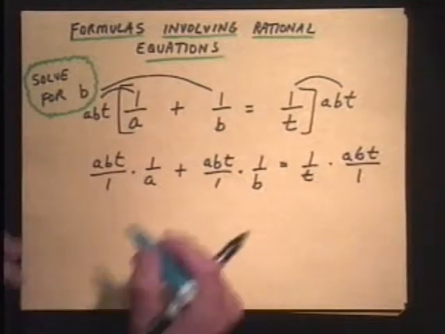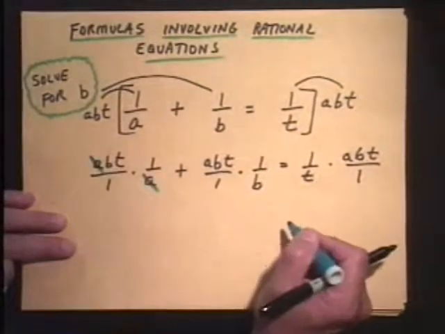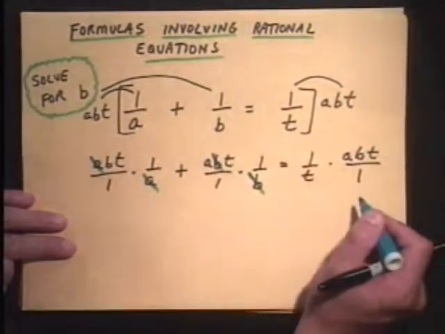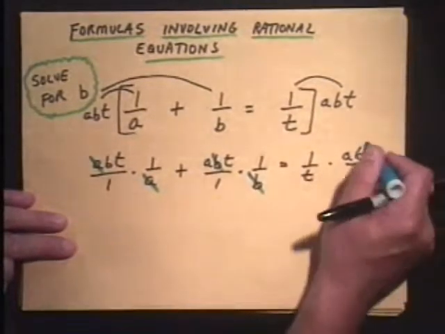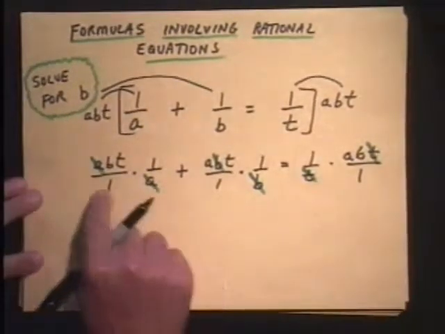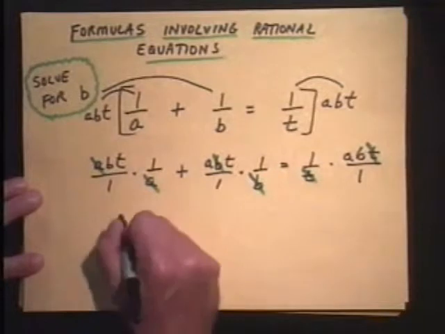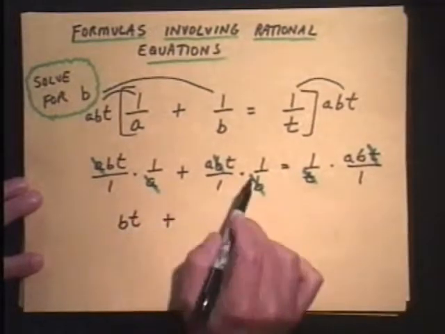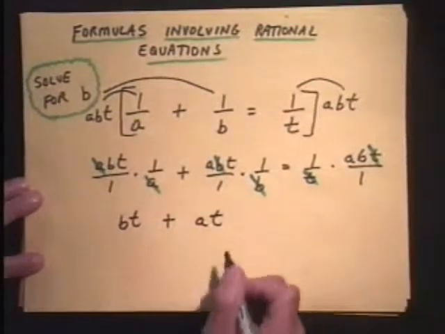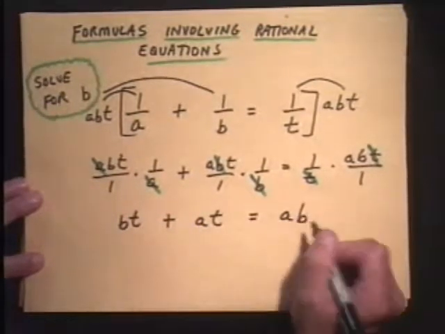So I'll take some pretty blues, and these two, we'll chop the a's. In these 2 fractions, we'll chop the b's. And in these 2 equal to, we'll chop the t's to get rid of those fractions. So what are we left with? BT plus AT equals AB.